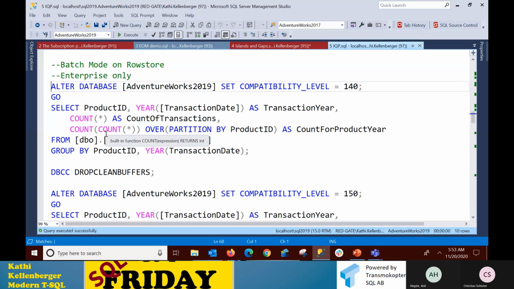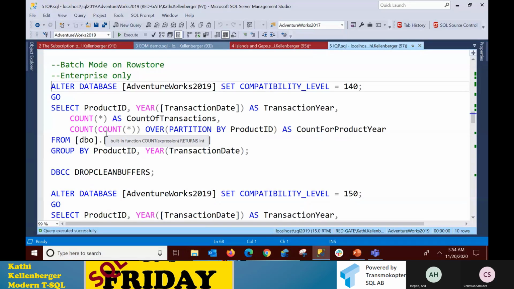That would be a whole other talk about column store. But this was a way to make aggregate queries run faster if there was a column store index involved with the query. So starting in 2012, Microsoft added this to row store as well in certain situations.